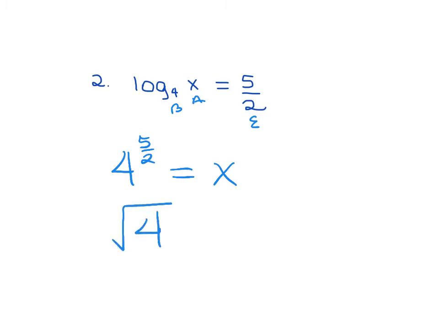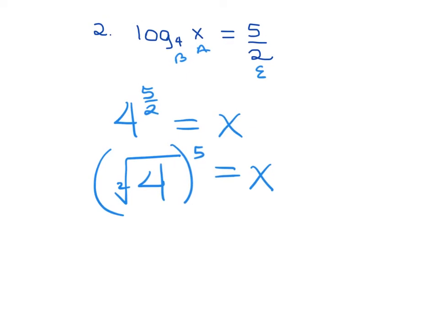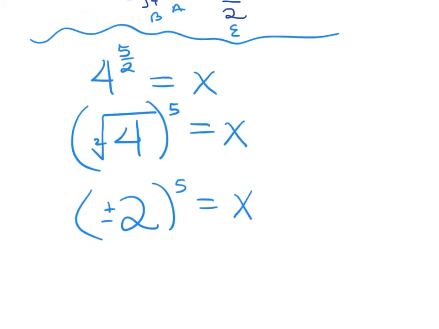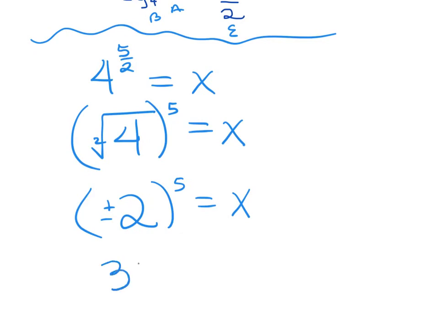So the square root of 4 raised to the 5th power. Now, if you were to get this question tomorrow, just this part, not necessarily a log, you would do the square root of 2, and you know it's plus minus, and then you raise that to the 5th power. And you would get plus and minus 32.